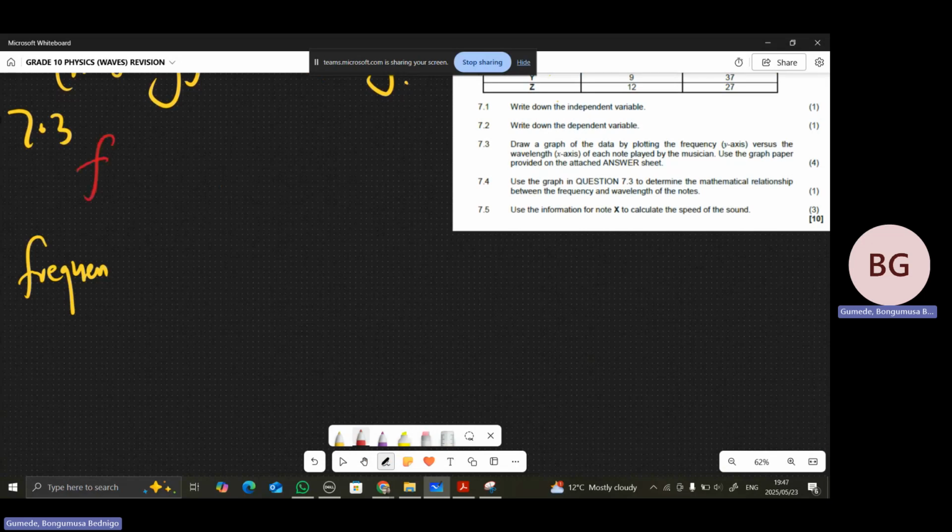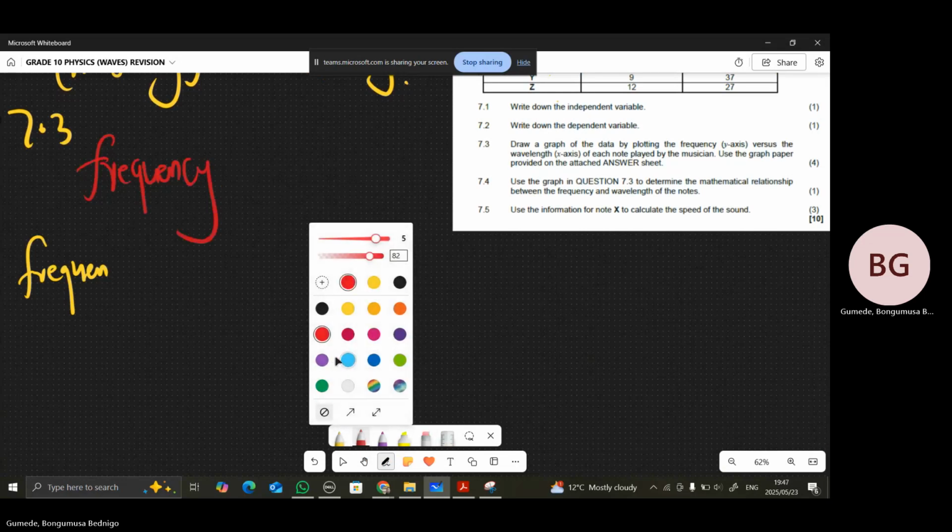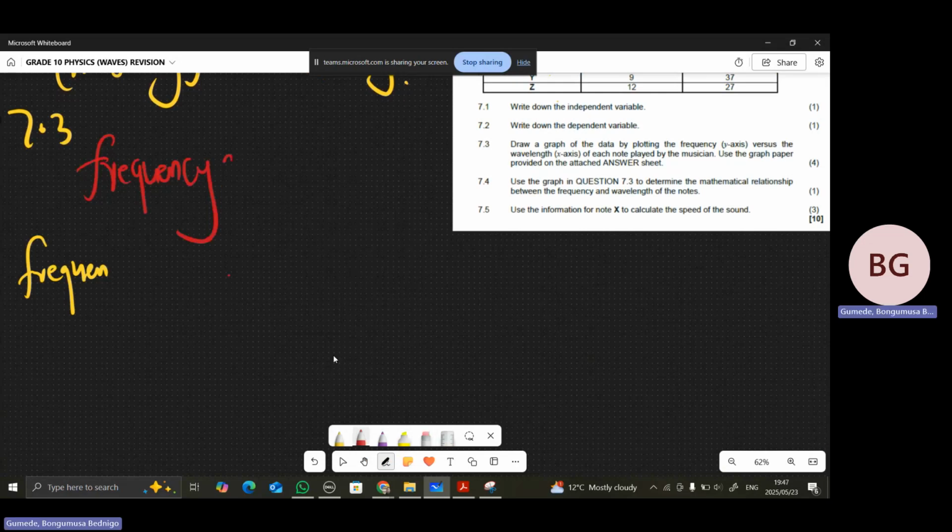So this is going to be frequency in hertz versus wavelength, I mean. I don't know why I'm thinking about time.